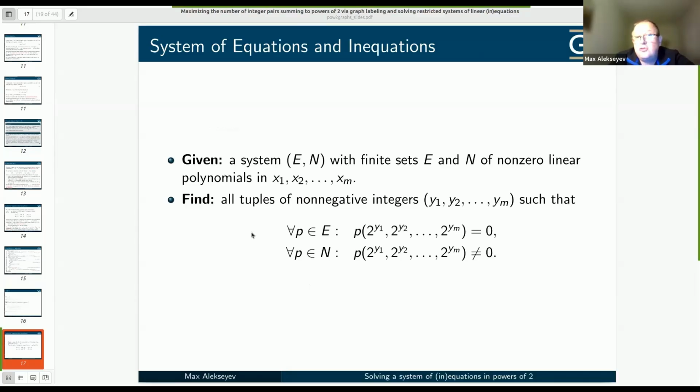What we want to find is all tuples of non-negative integers y1, y2, and so on, ym, so that if we evaluate any polynomial from E on such a tuple, we get 0. If we evaluate any polynomial from N on powers of 2 raised to the corresponding values of y, then we will get non-zero.